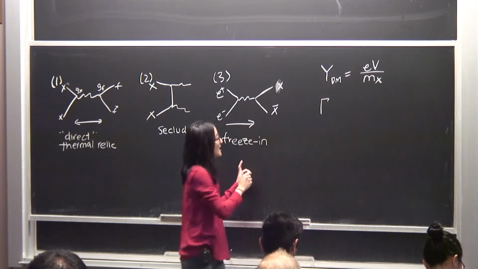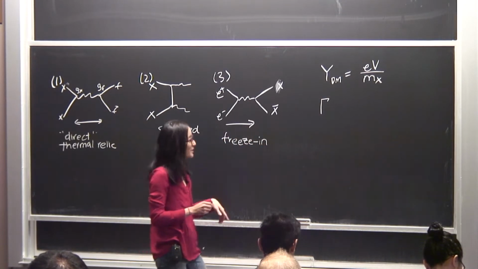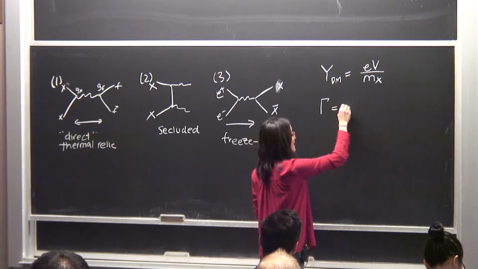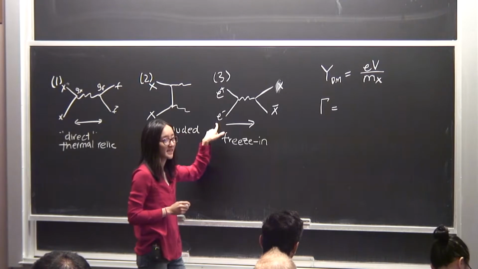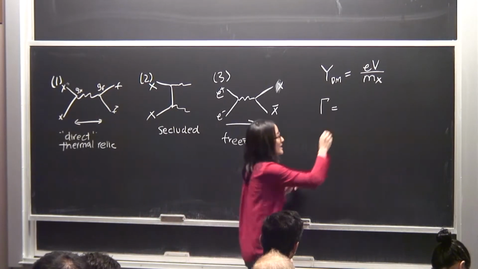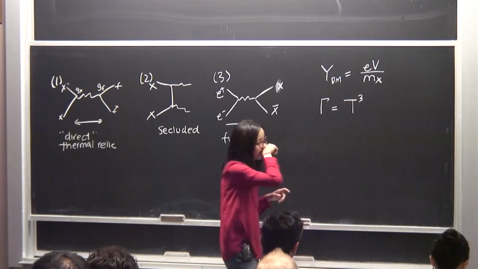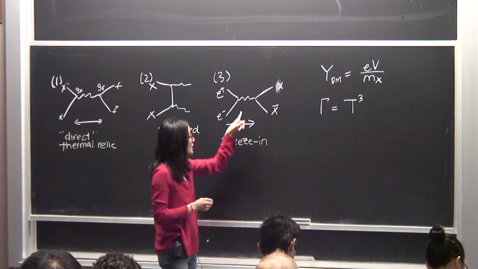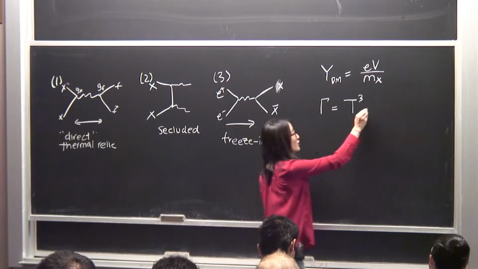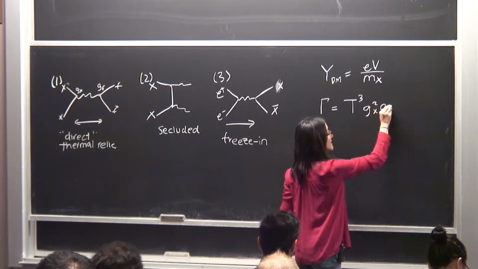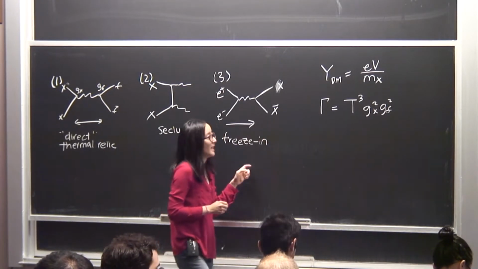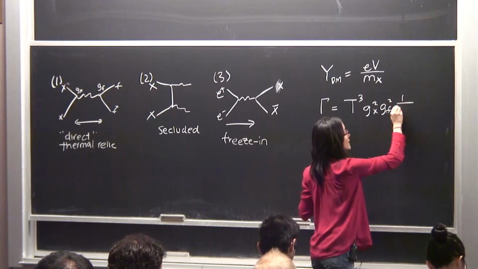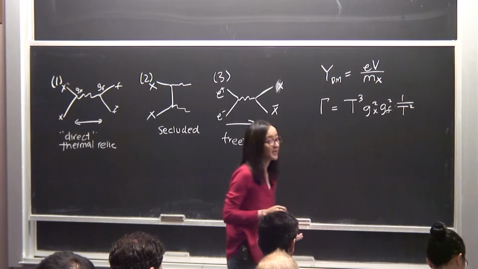So I have an annihilation rate into dark matter stuff, which is proportional to the number density of electrons. And I have a cross section, which is proportional to this coupling constant squared, and again, just 1 over t squared dimensionally for a light mediator.